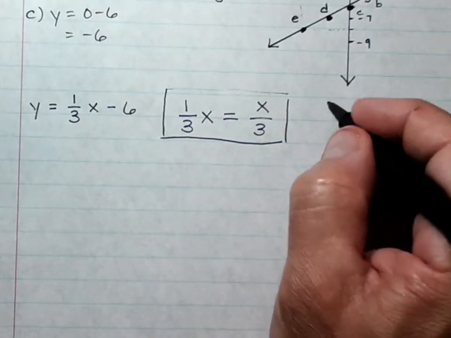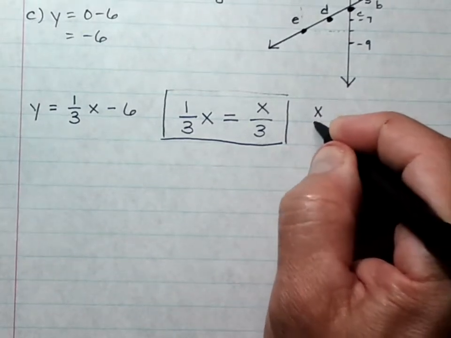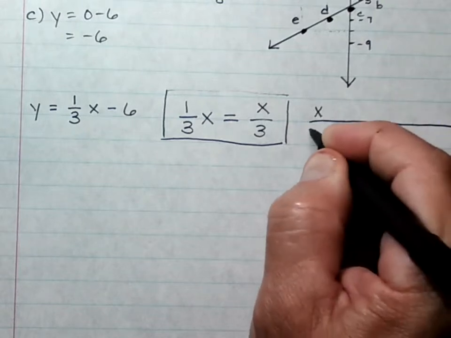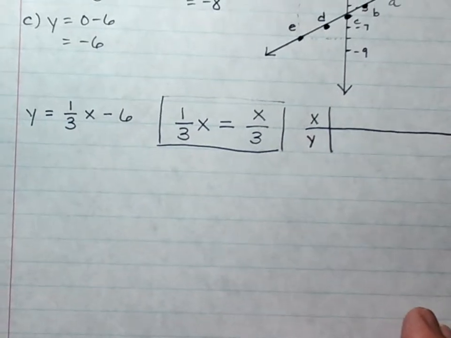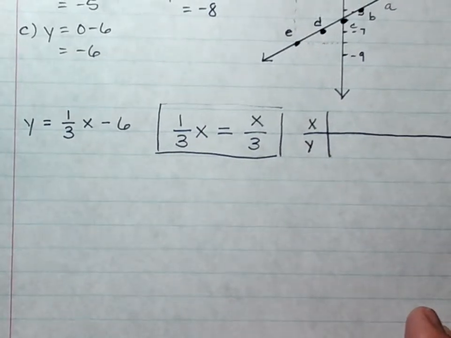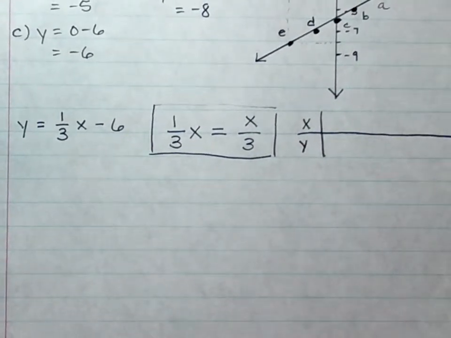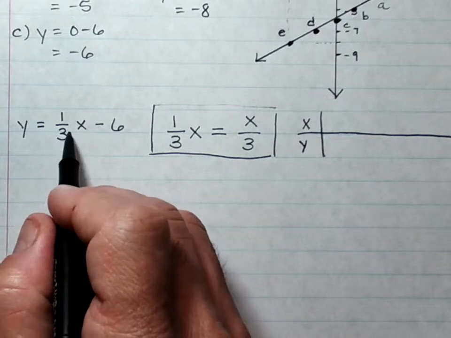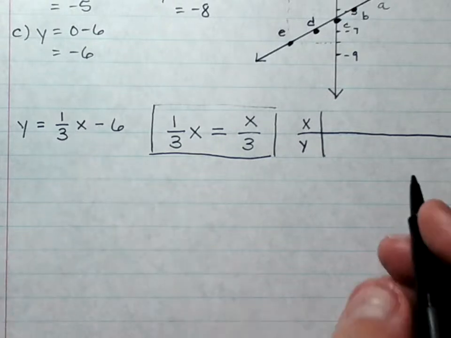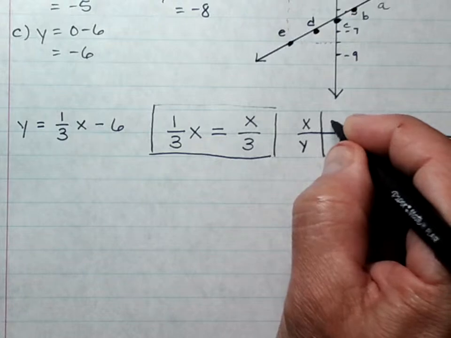So we'll put our x and y chart over here. And this is, if you remember, where I asked you to always remember that the denominator really will determine what x is. We talked about this yesterday.